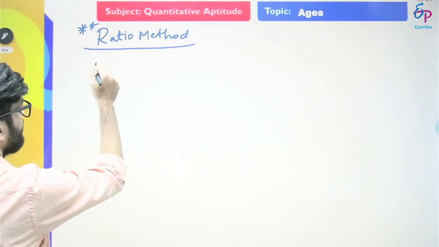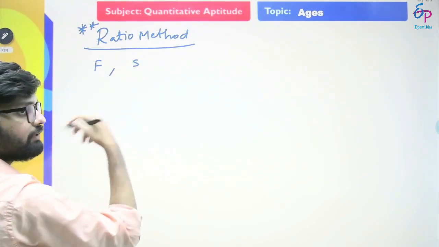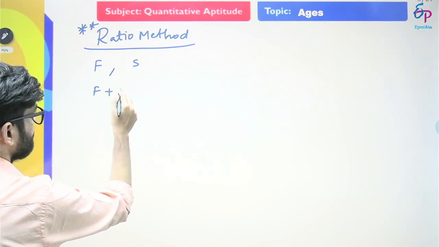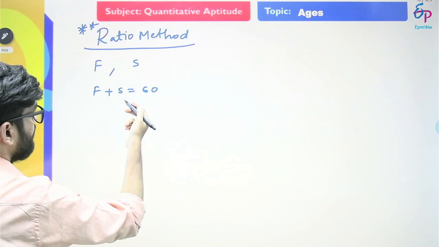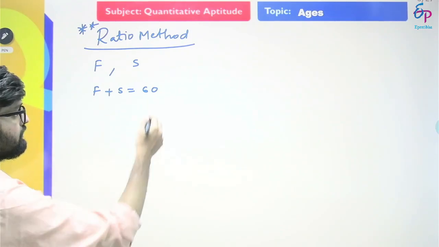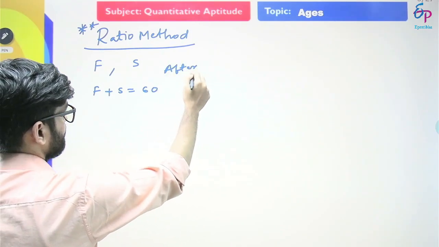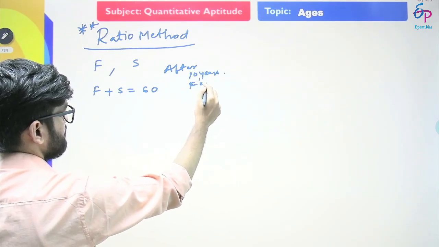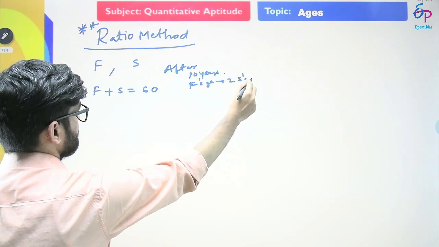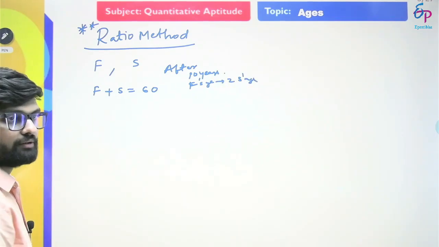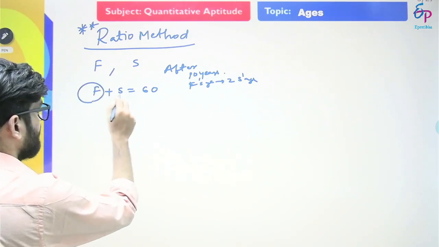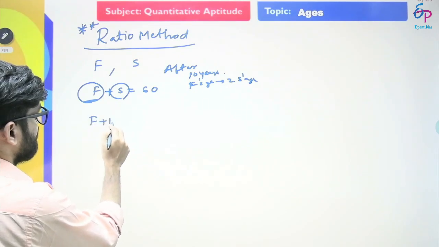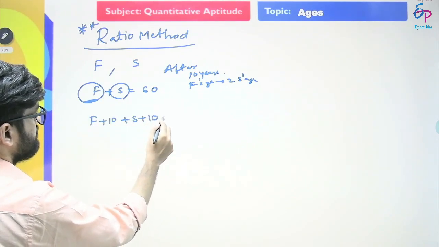Now if I tell you there is one father, then there is a son. Sum of the ages of father and son, suppose I give you 60 years, and after 10 years, father's age is twice that of son's age. What is the age of father? What is the age of son? Suppose the age of father is F and age of son is S. After 10 years, this is F plus 10 and this is S plus 10.